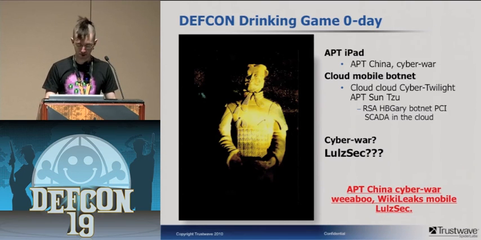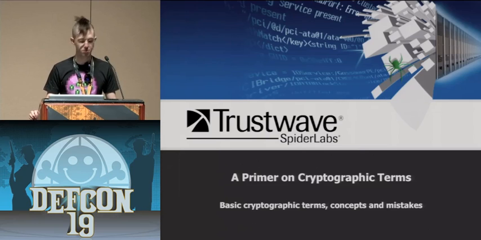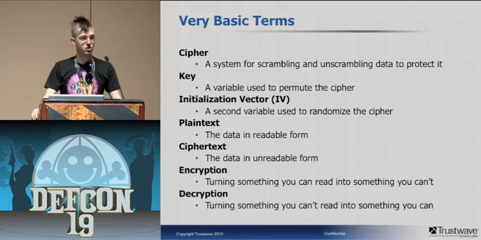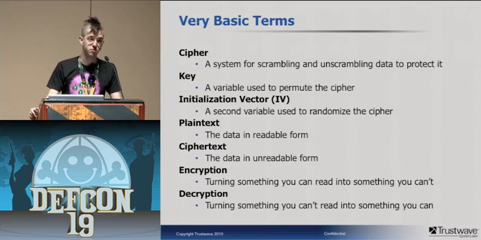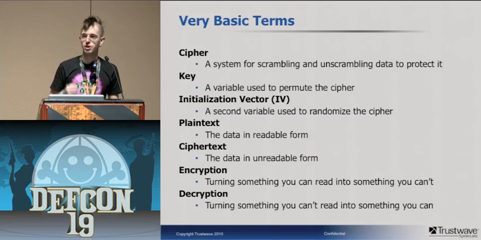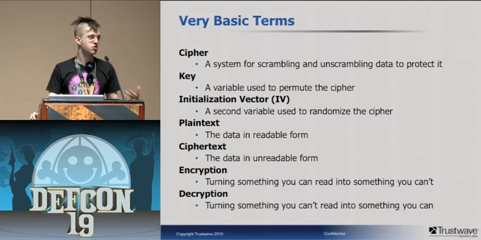So now that you're nice and primed for this talk, let's get into a primer on cryptographic terms. So some very basic stuff here. A cipher is a system for mathematically scrambling and unscrambling data that you want to be hidden from certain parties. The key is the one part that you keep secret. The key is the missing variable that somebody needs to know in order to be able to unscramble the data. The initialization vector is used in a similar way, but it's not always necessarily private.